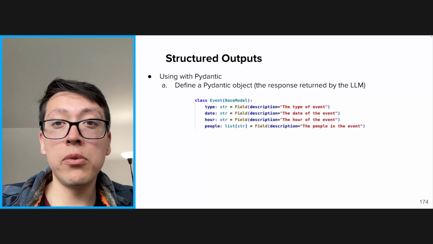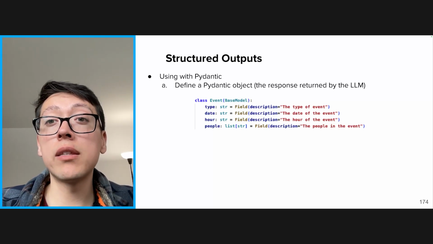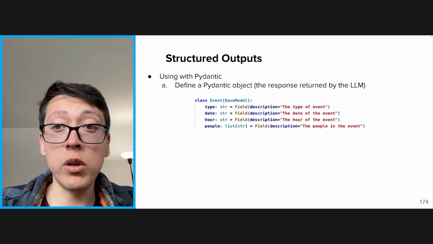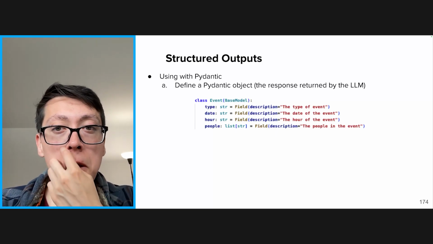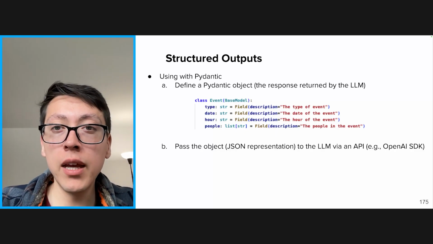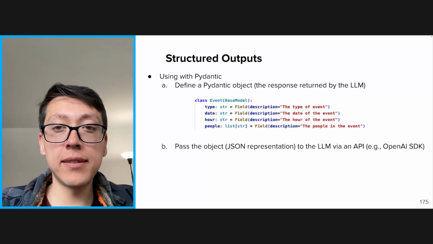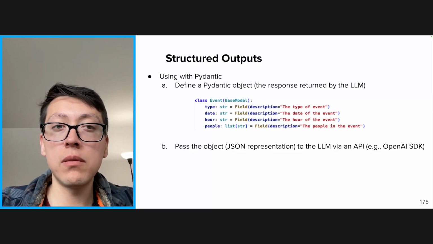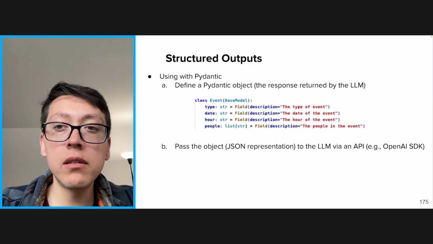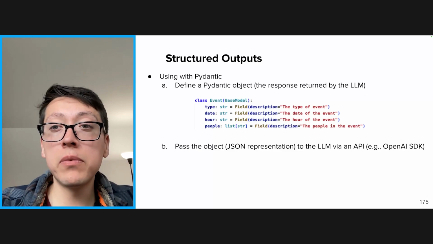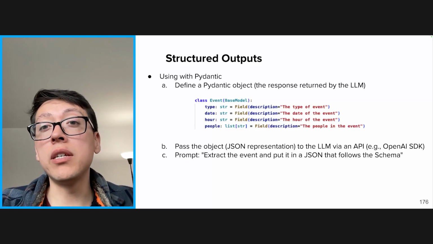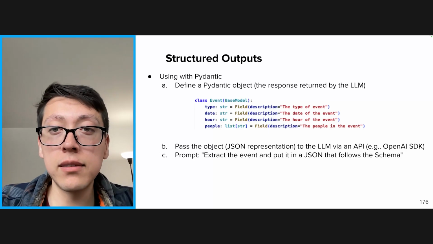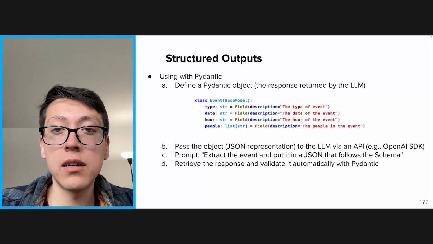So for example, I can say, I want to see what type of event, the date, the hour, and the people that will be in the event. So let's say I have this. I can then pass the JSON representation of this base model, this event, and I can prompt a model to answer me and to put the information in the exact format that I am specifying.